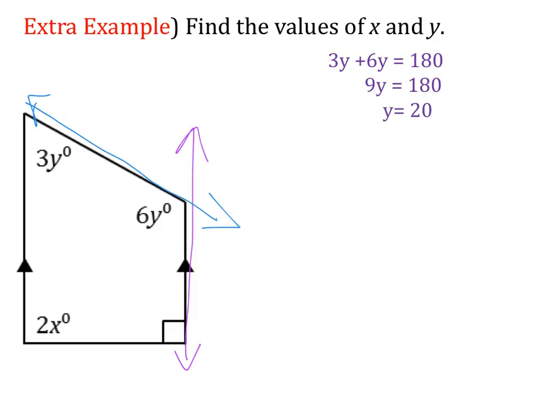Divide both sides by 9, so y equals 20. So next we can conclude that parallel lines implies consecutive interior angles supplementary. So this is the reason why we were able to set up the original equation of 3y plus 6y equals 180.